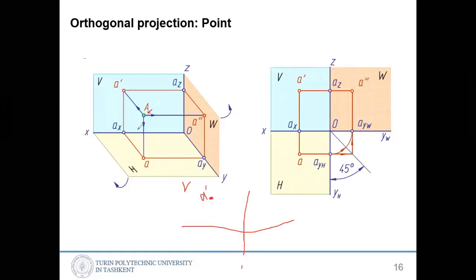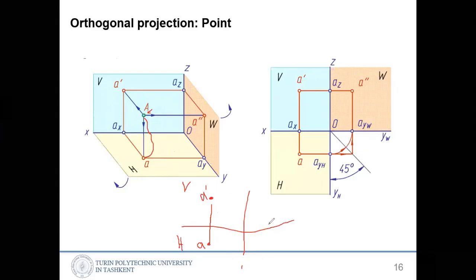And on the horizontal plane, we measure the height of the point and put the same distance, then put point A, just a small a without any dash. That plane is called the horizontal plane, H.